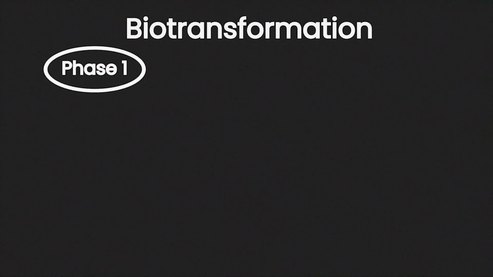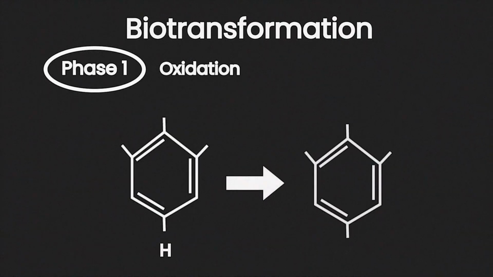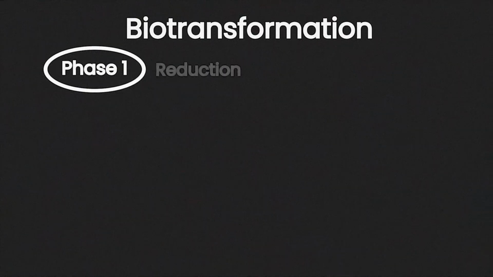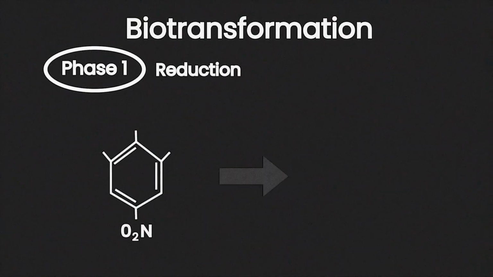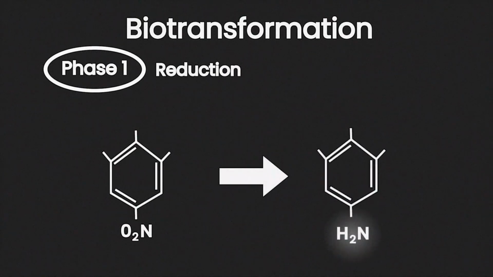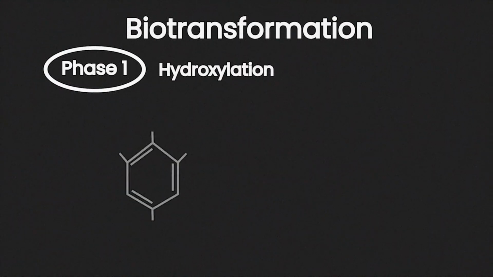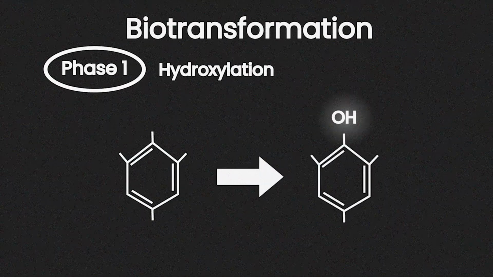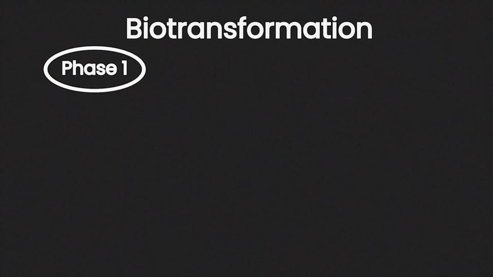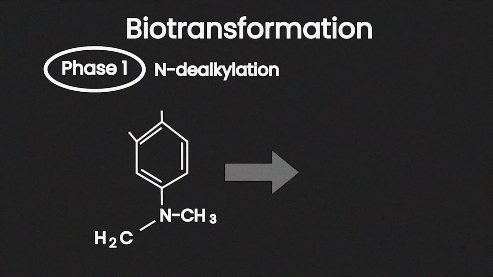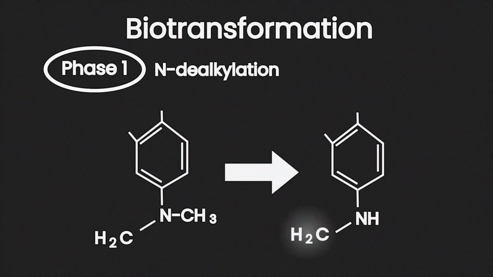Common phase 1 reactions include oxidation, the gain of oxygen to the molecule; reduction, the loss of oxygen from the molecule; hydroxylation, the addition of an OH group; and dealkylation, the removal of alkyl groups from nitrogen atoms.